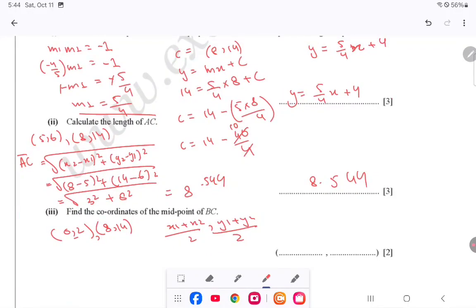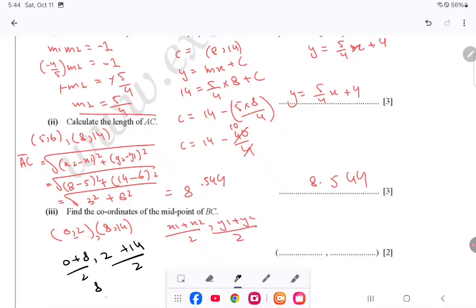Now put in the values: x1 is 0, x2 is 8, over 2; y1 is negative 2, y2 is 14, over 2.